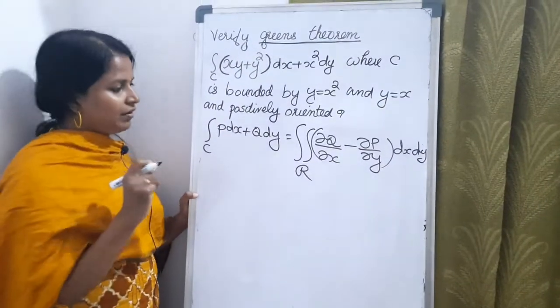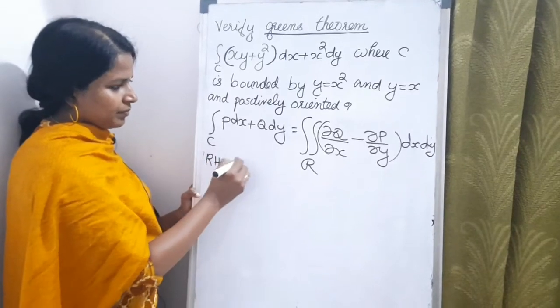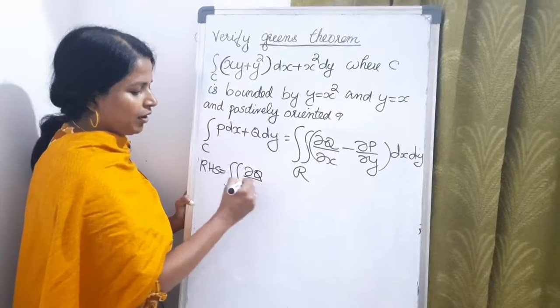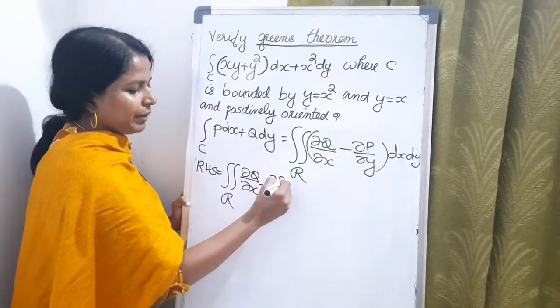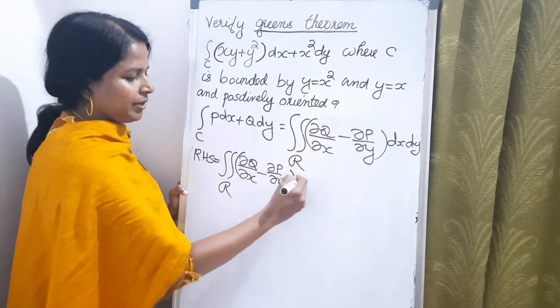So first we evaluate the RHS. Double integral over R of (dou Q by dou x minus dou P by dou y) dx dy.